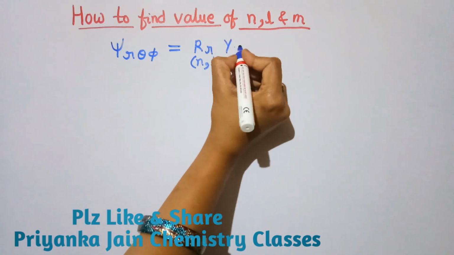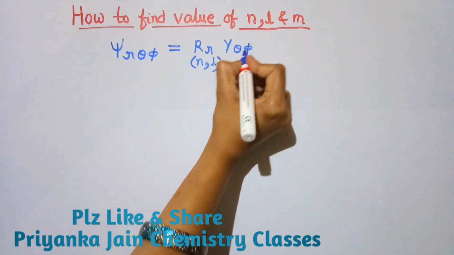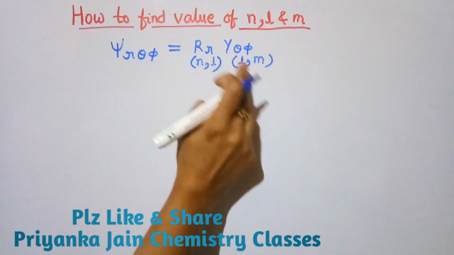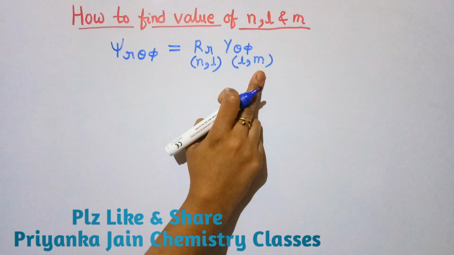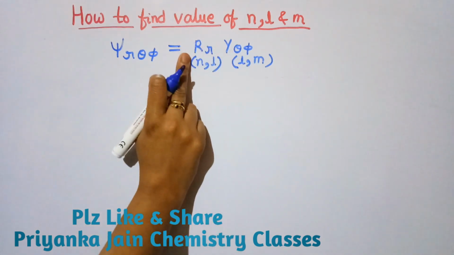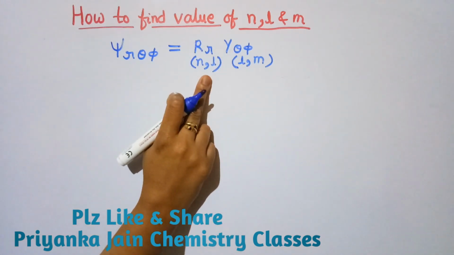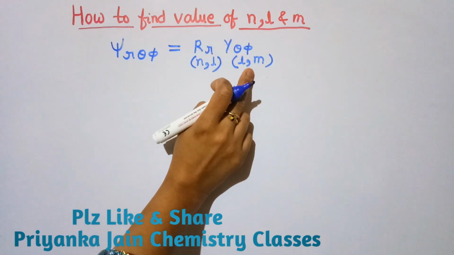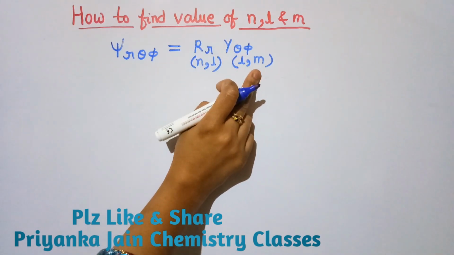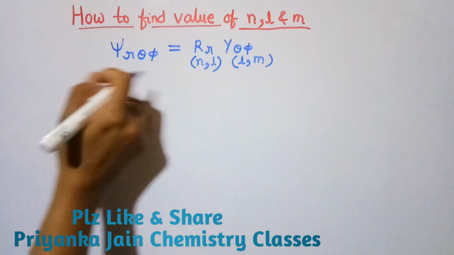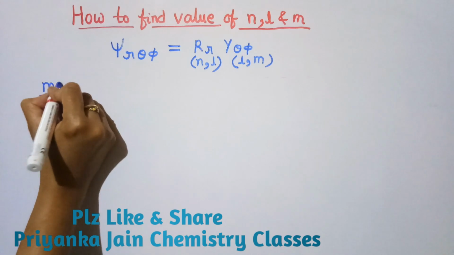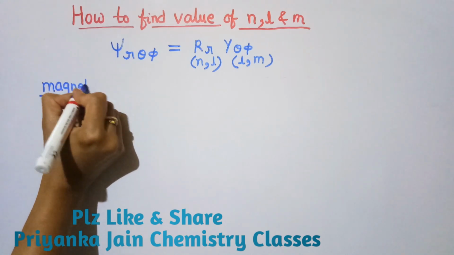The angular part is a function of theta and phi, in terms of l and m, so from this we can find the values of l and m. So how do we find these values? Suppose we have to find the value of m, the magnetic quantum number.